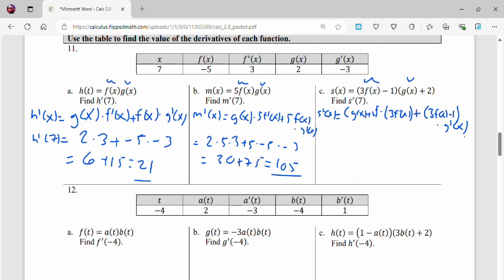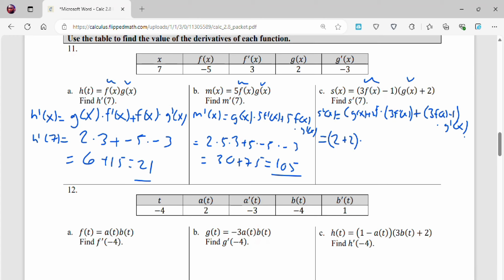So s prime of 7 equals g of 7, 2, and then plus 2. That's why it's important to write neat, which is not what I did.